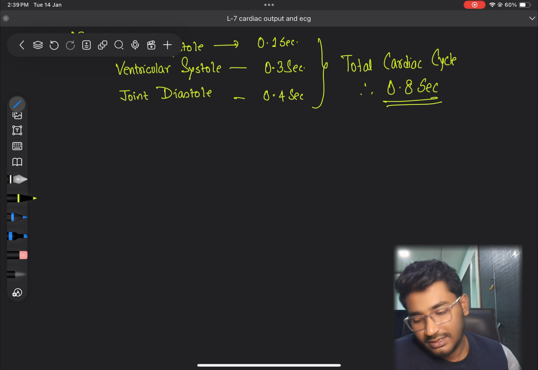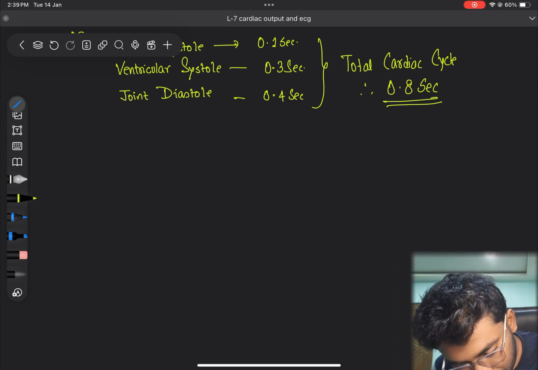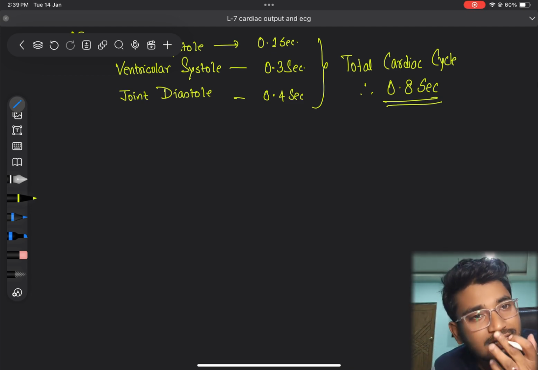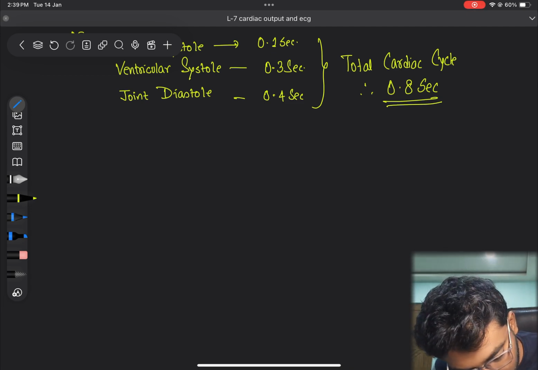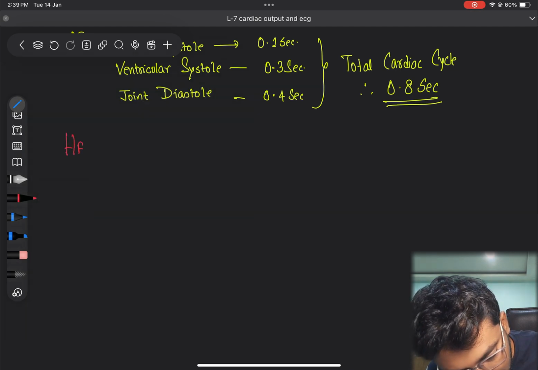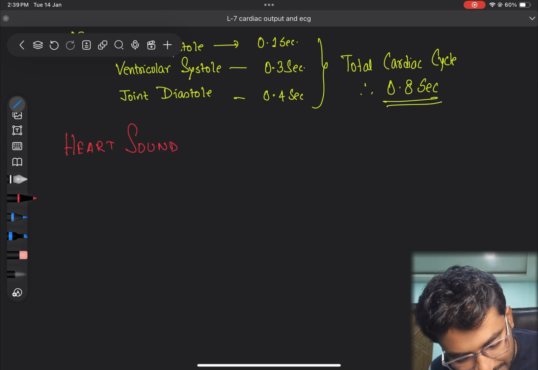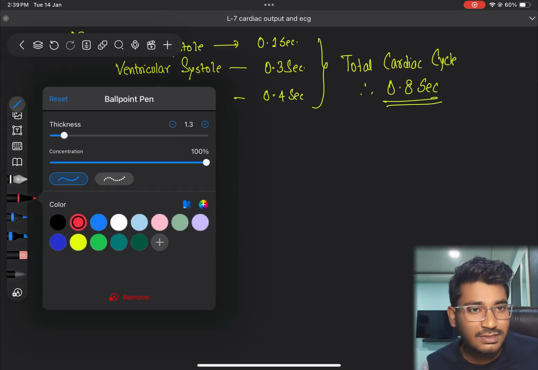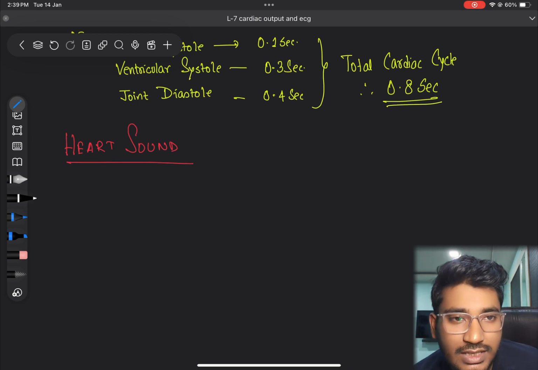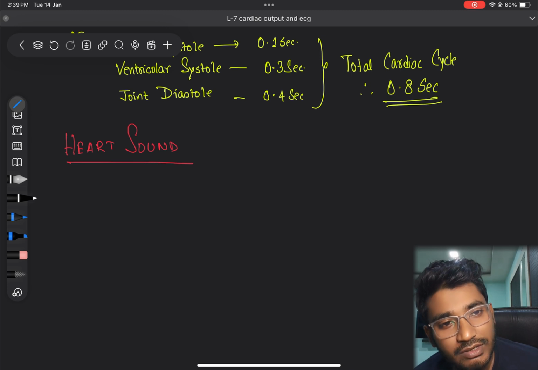Okay, now there are two prominent heart sounds. Just give a topic, heart sound. Questions also come from here. When you place a stethoscope over the chest, you get two heart sounds. One heart sound is the closure of the AV valves, and the second heart sound is the closure of the semilunar valves.